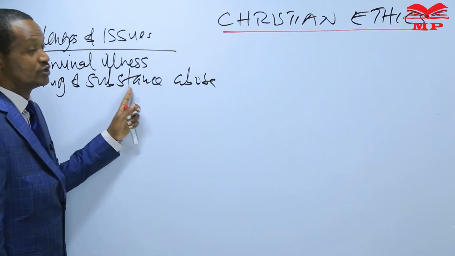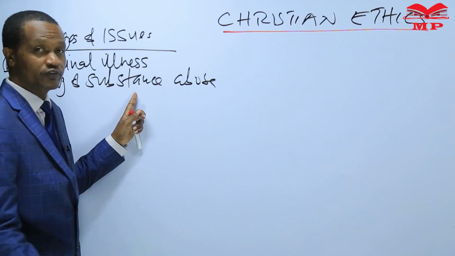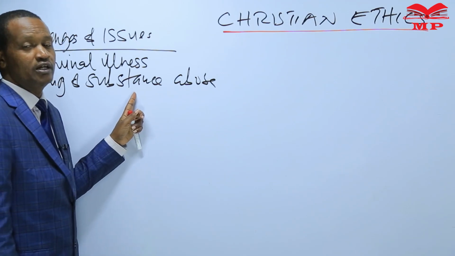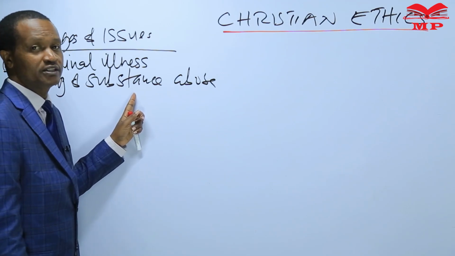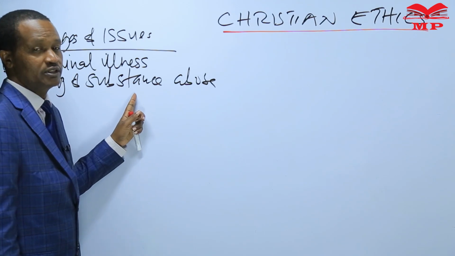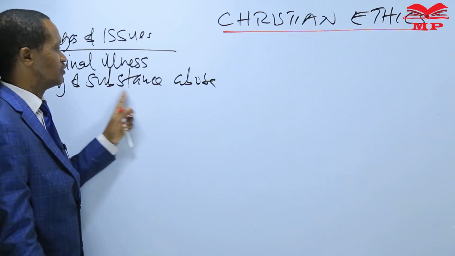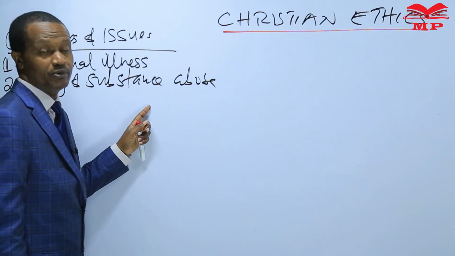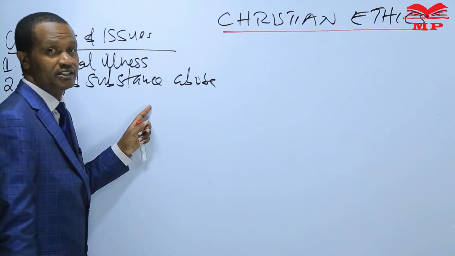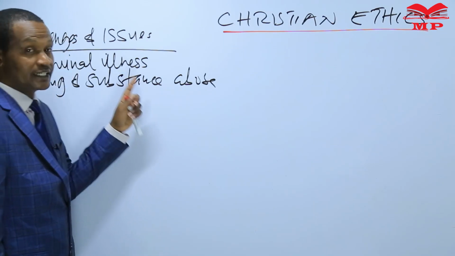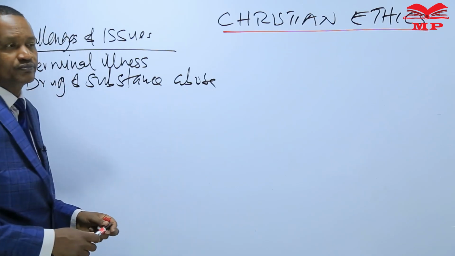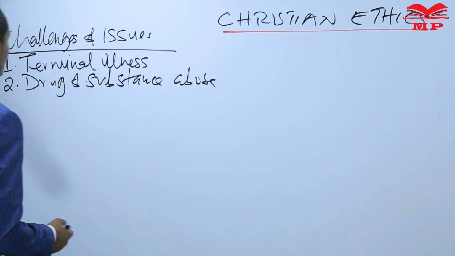It has contributed to loss of lives, it has contributed to loss of family members, and so on. Unstable people, some of these drugs have led people to go mad. So this is an issue that will need to be addressed.